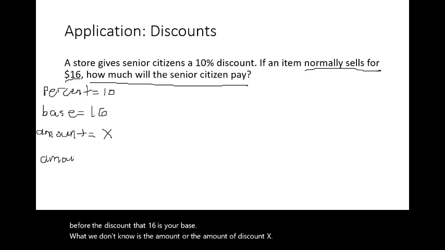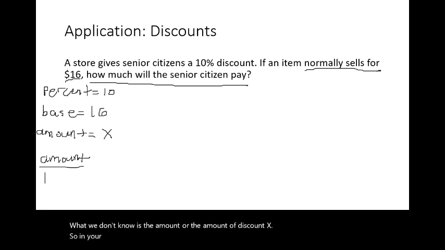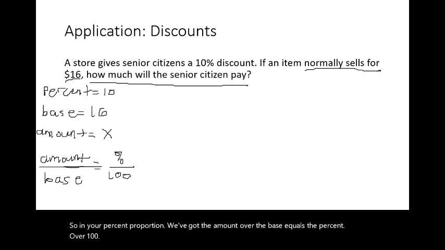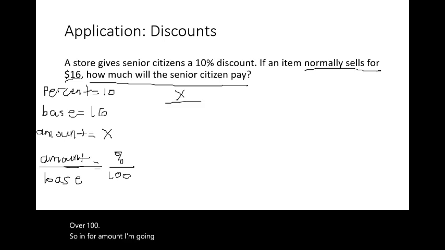So in your percent proportion, we've got the amount over the base equals the percent over 100. So for amount, I'm going to put my variable X over the base, which is 16, equals the given percent, 10 over 100.